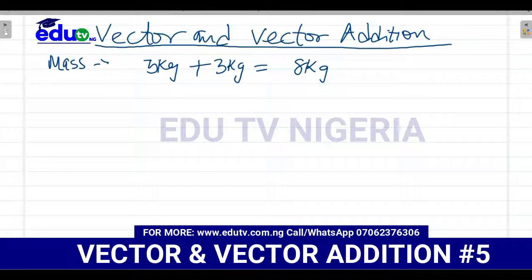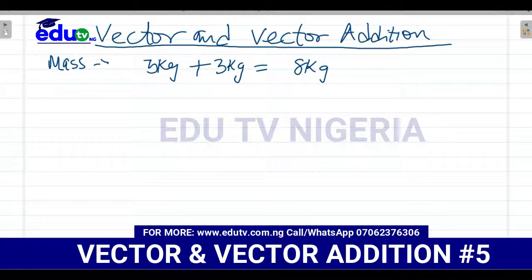But with vectors we are talking about both magnitude and direction, unlike scalar quantities, which are quantities with only magnitude. An example like this 5 kilogram is a magnitude, just in mass, in kilogram. Another is length or distance. Distance is also a magnitude, or a scalar quantity.